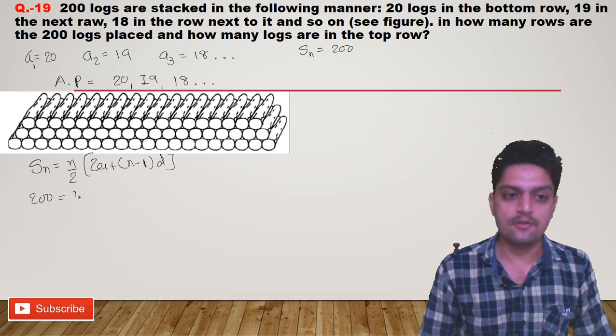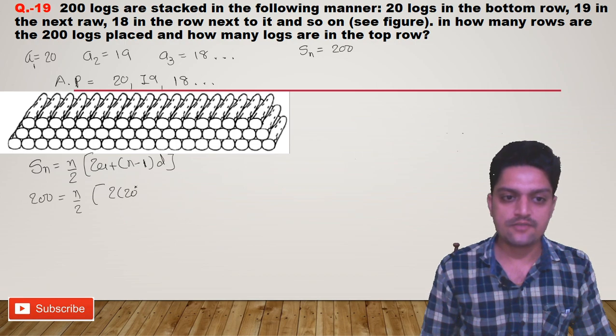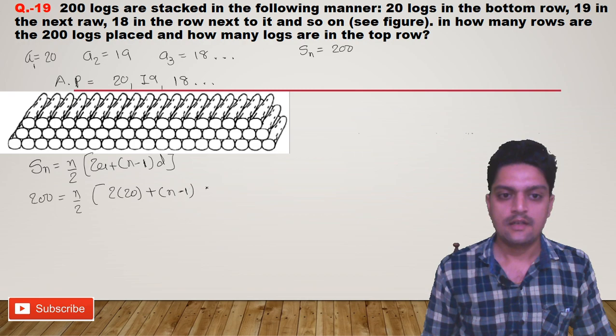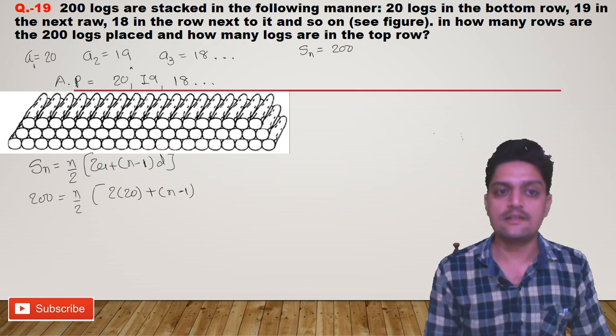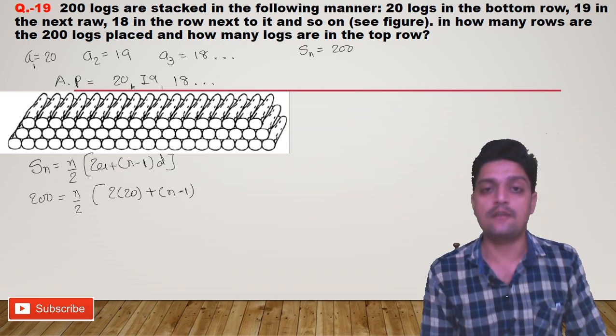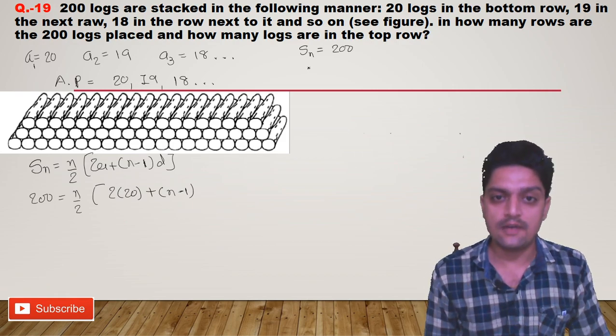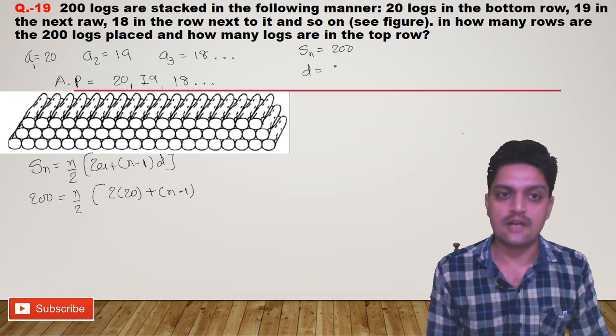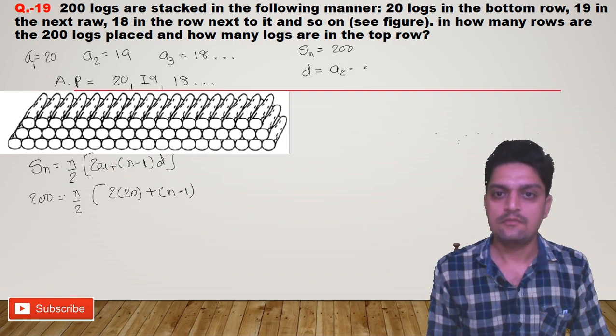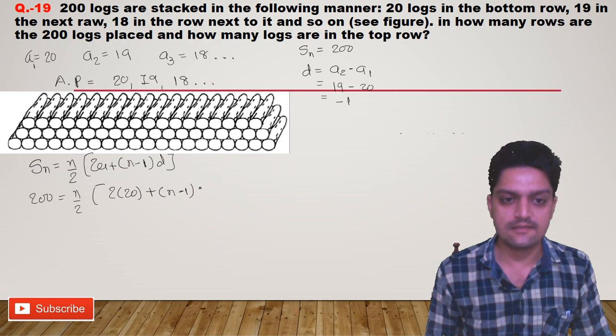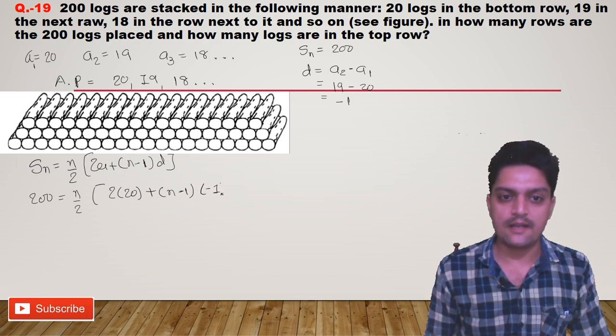So n by 2, and we have to find n, and 2 into a is what? That is 20 plus n minus 1 into the difference. Difference is what? See here, difference is minus 1 you have to consider. Don't consider 1 because d is equal to, you should write A2 minus A1. So A2 is what? 19 minus 20, so that is minus 1. So the difference is minus 1. So here you have to write minus 1, okay.